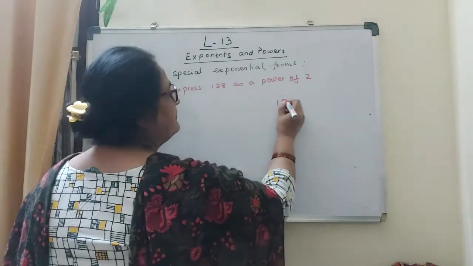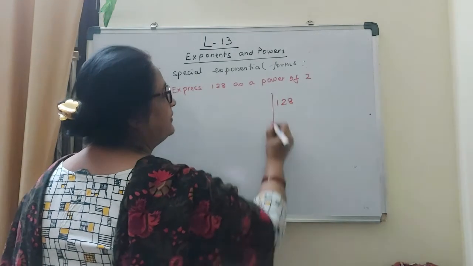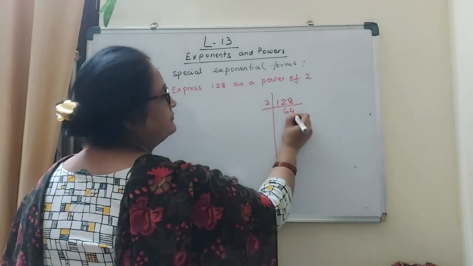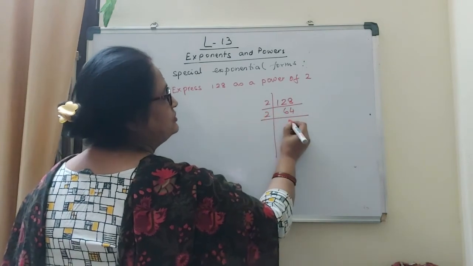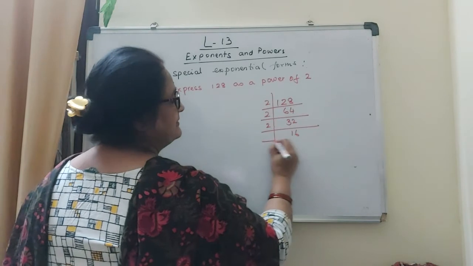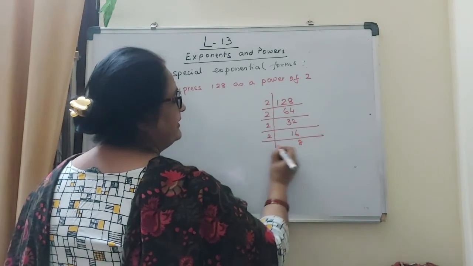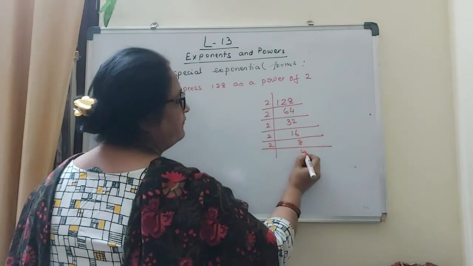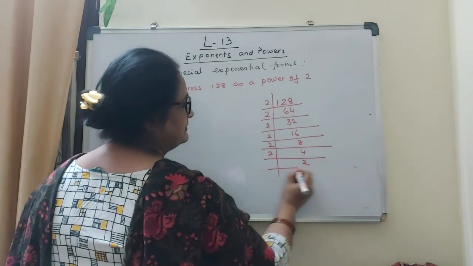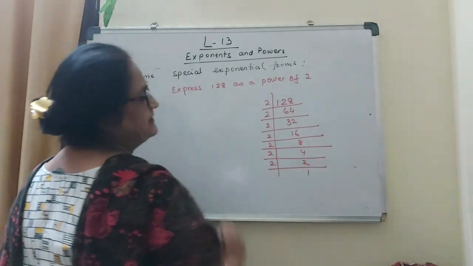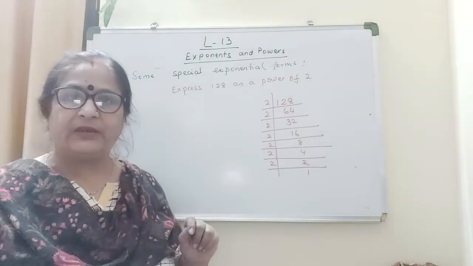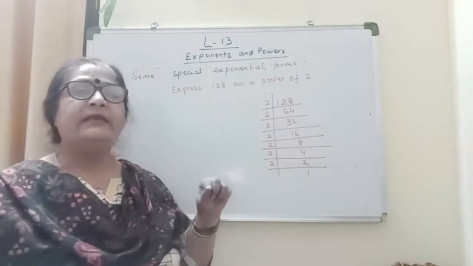How do we find the prime factors? 128 divided by 2, 64. Again with 2, 32. 2 16s are 32, 2 8s are 16, 2 4s are 8, 2 2s are 4, 2 1s are 2. Till we get a 1, we keep dividing with the smallest prime number.